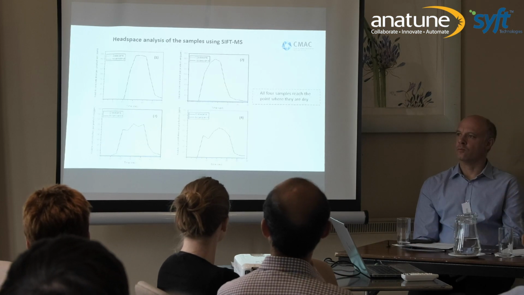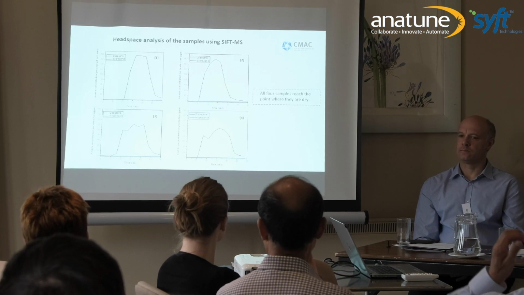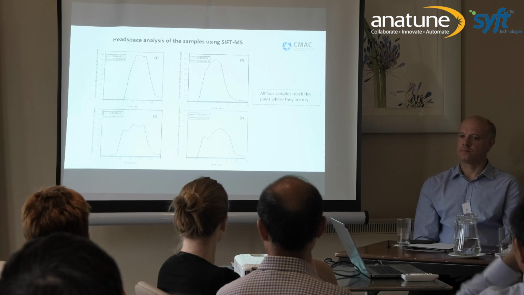Afterwards, we analyzed the samples in the lab after the drying process. We took a few grams of the dried paracetamol and placed them in a vial of 20 ml, and we left it to reach equilibrium. Then with a syringe of a few ml, we took a sample of the headspace and injected it to the SIFT-MS, to have a quick look if the samples are dry or not.